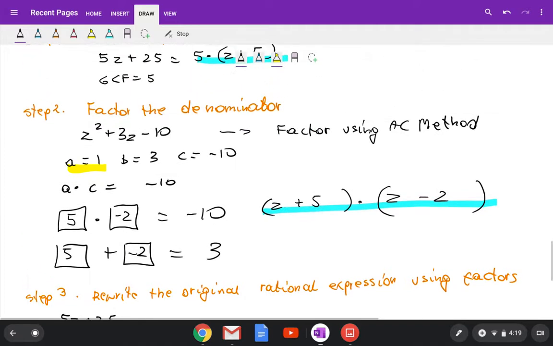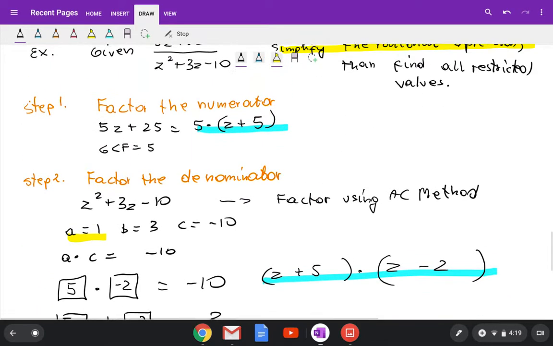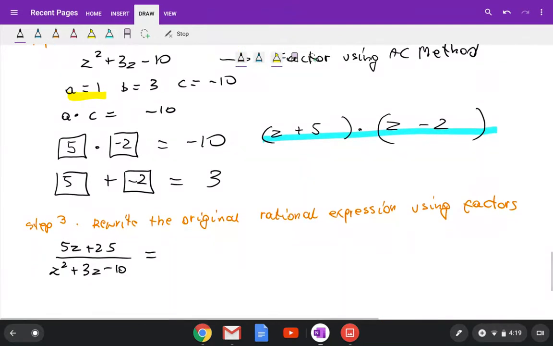We factored the numerator already, and we got 5 times z plus 5. So let's copy that. This is the same as 5 times z plus 5. And from factoring the denominator, we got z plus 5 times z minus 2.